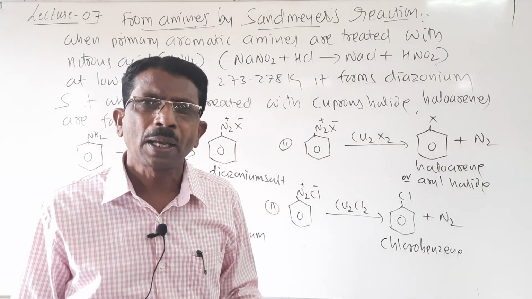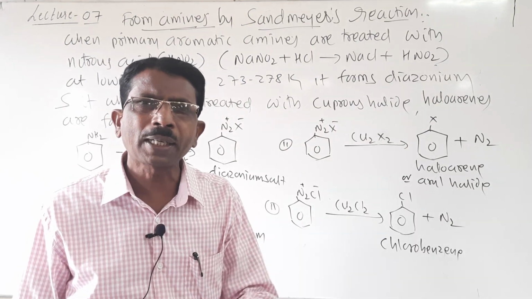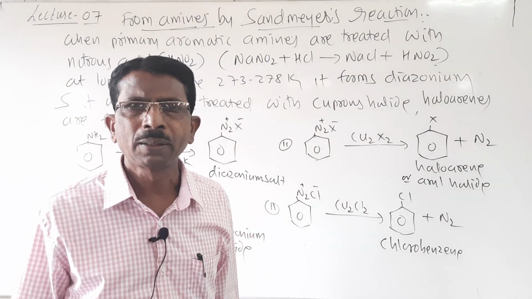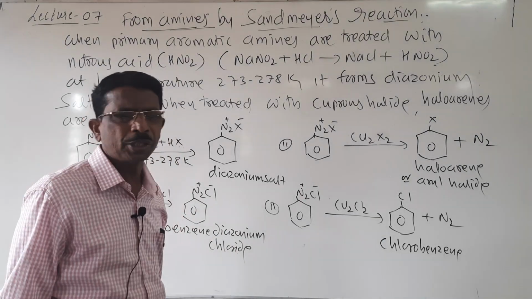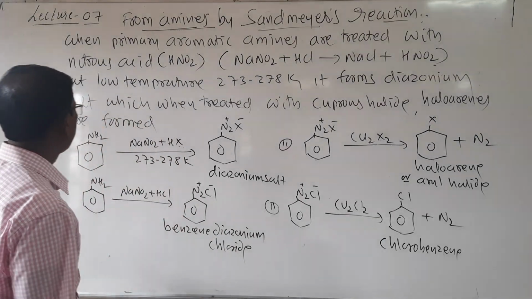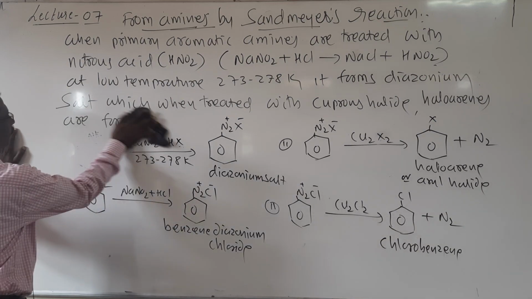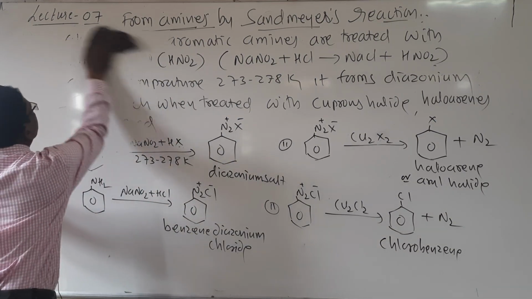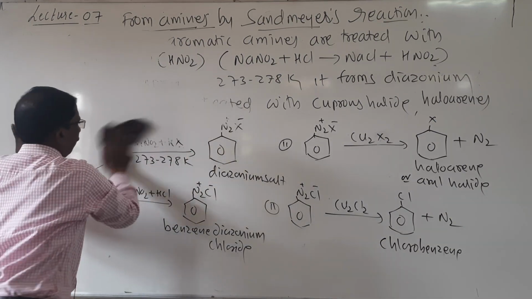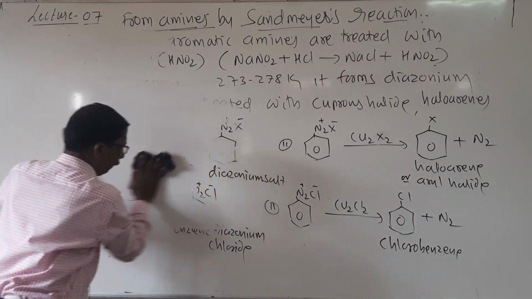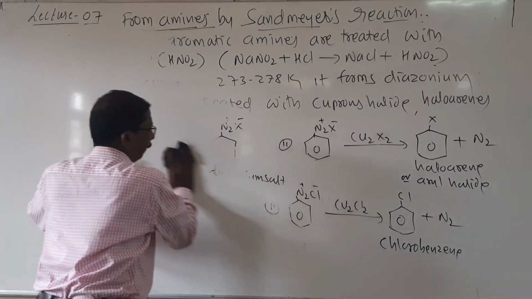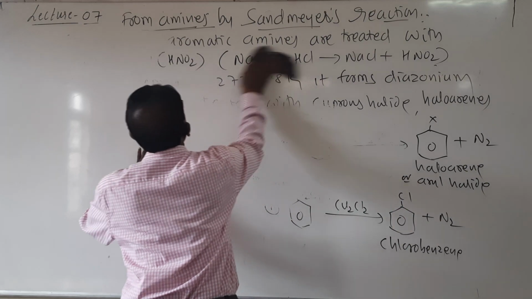Only when this diazonium salt is shaken with potassium iodide, then you will get iodobenzene. It is a very easy method. Look here.